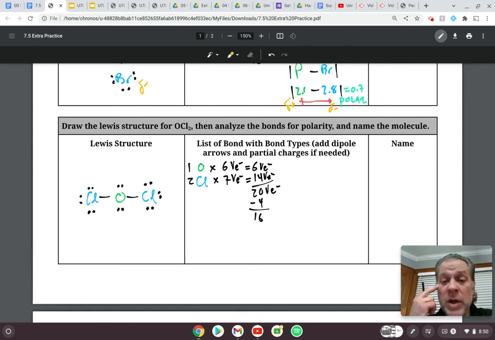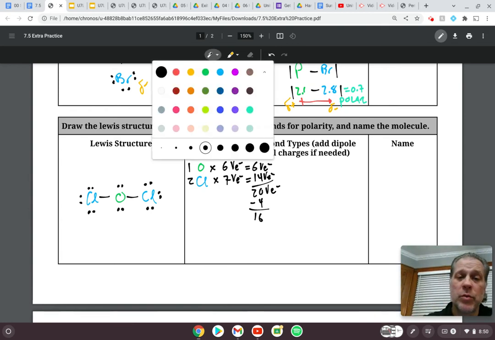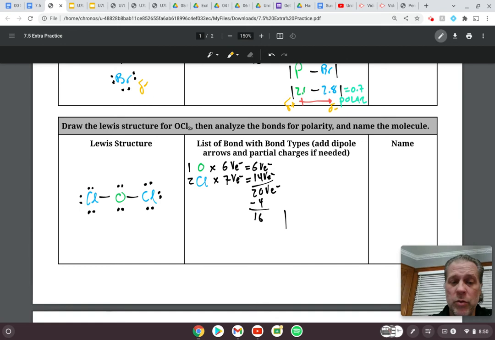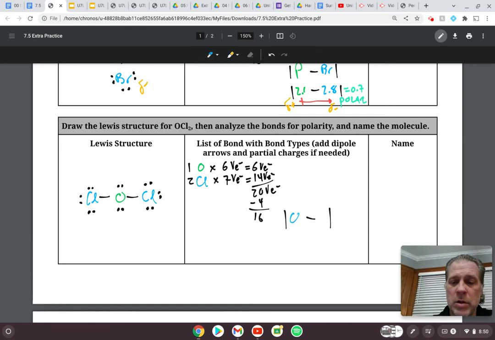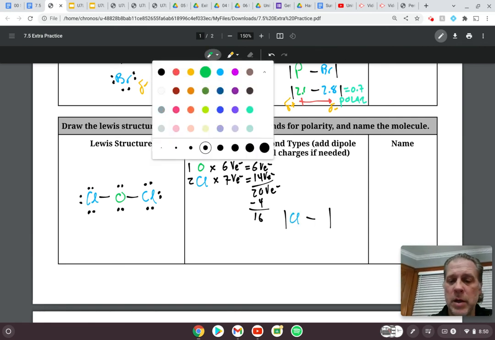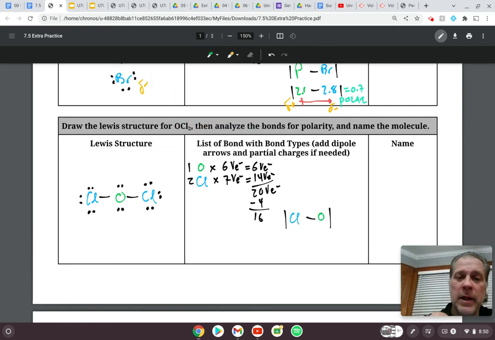The next thing we're going to do is identify whether or not we need to draw dipole arrows. So we're going to be looking at the relationship between chlorine and oxygen.